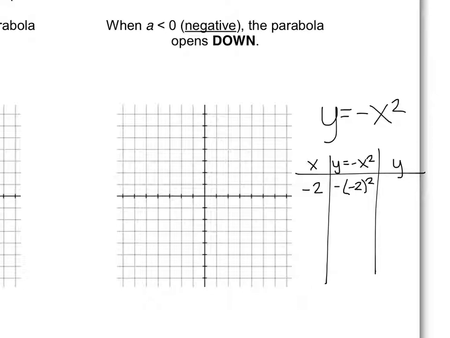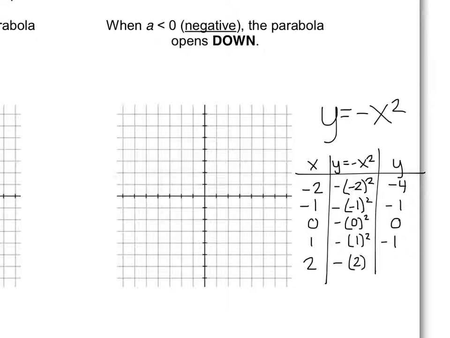What is that? -2 times -2 is 4, times negative is -4. All right, so when we plug -1 in, what do we get? -1. Plug in 0. Still going to get 0. 1 gives -1. And then when you plug in 2, you get -4. Plot those.